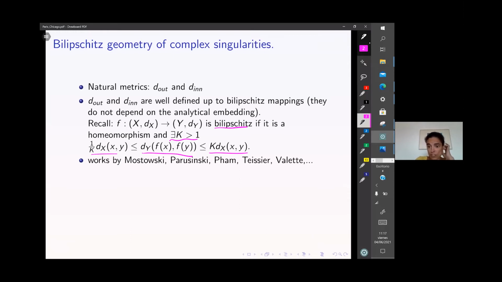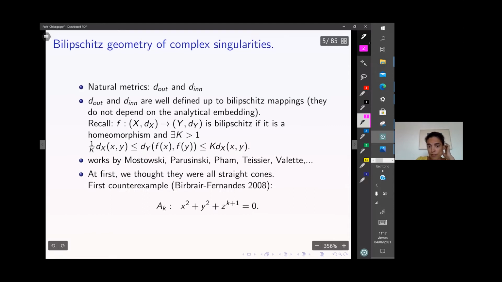Of course, this is not a new subject, but there has been a lot of development. Maybe an inflection point might be set in the discovery by Maria Pe Pereira and Fernandez in 2008 of a complex singularity that is not a straight cone for the inner metric.